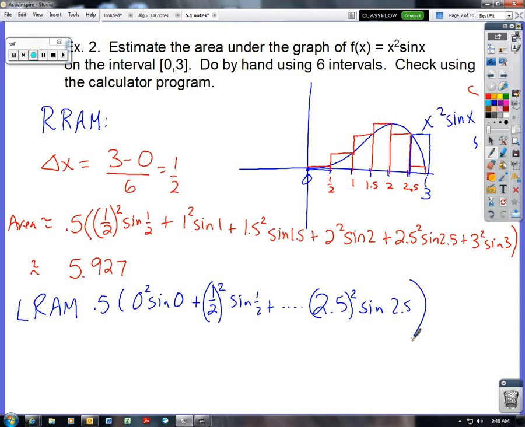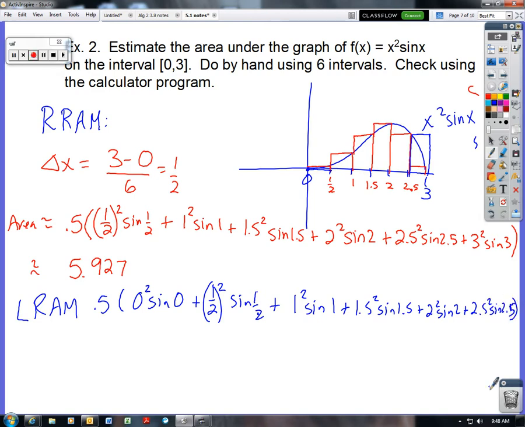So I probably should have done the other ones in there. So let me put them all in there, and there's a reason I want to do that. Sorry. So I'll just do that real quick. Okay. Sine 1/2 plus 1 squared sine of 1 plus 1.5 squared sine of 1.5 plus 2 squared sine of 2 plus 2.5 squared sine of 2.5.